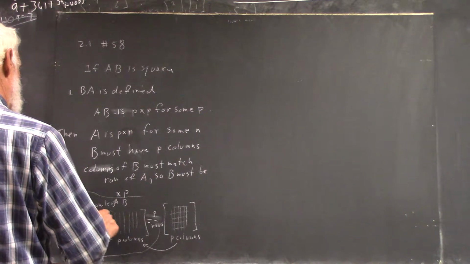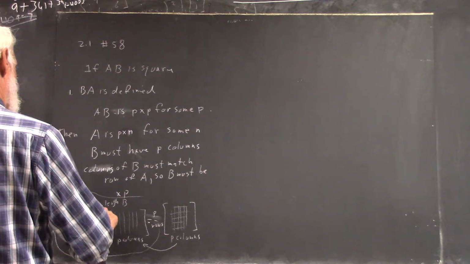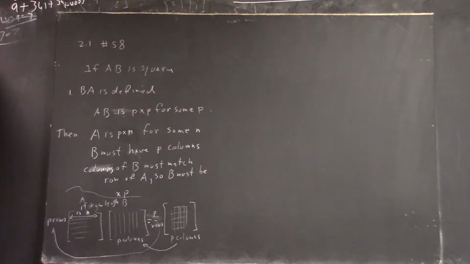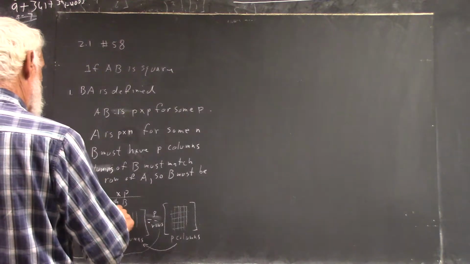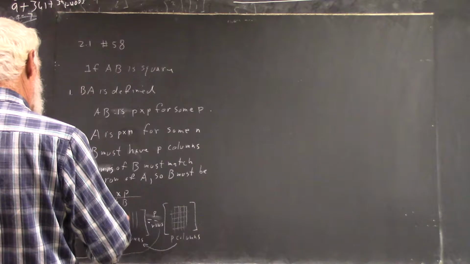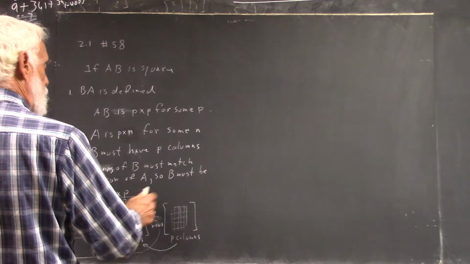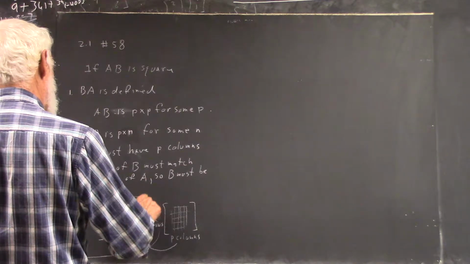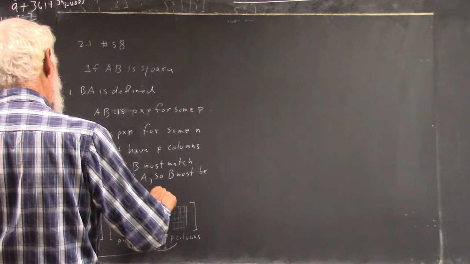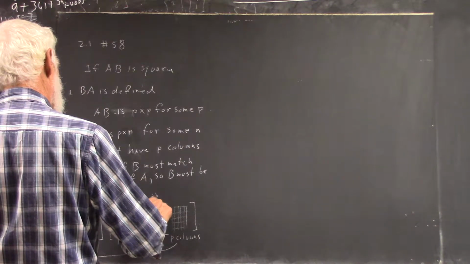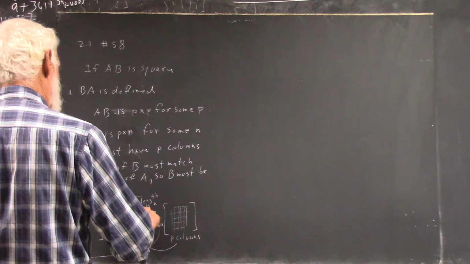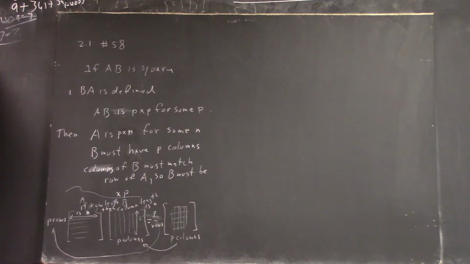If the row length in A is n, then the column length in B is n, because the rows have to match the columns.